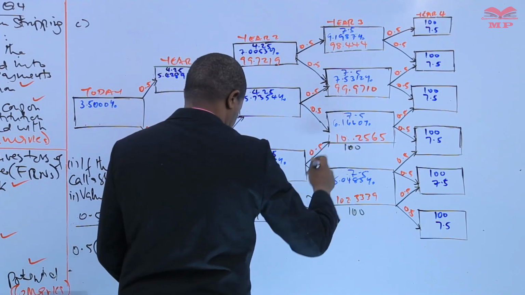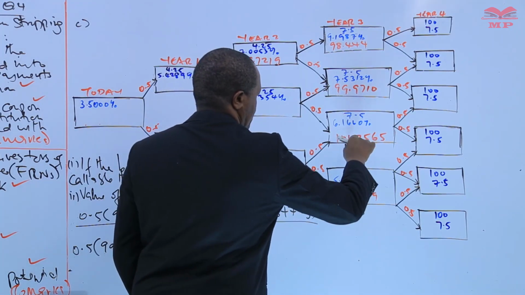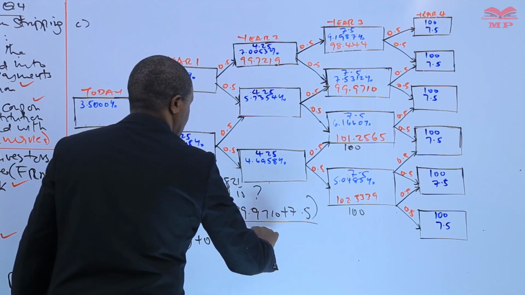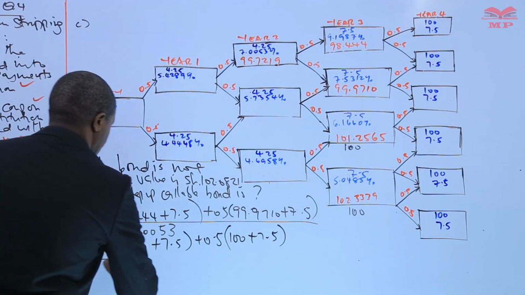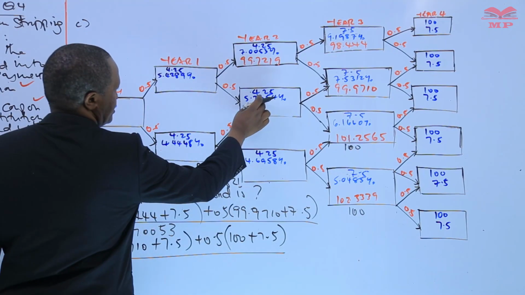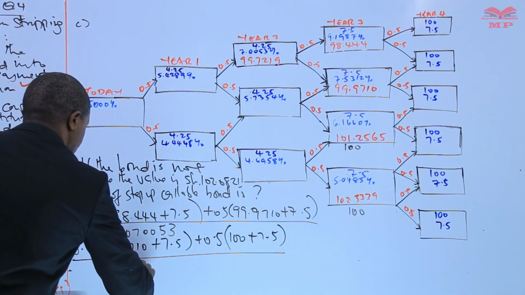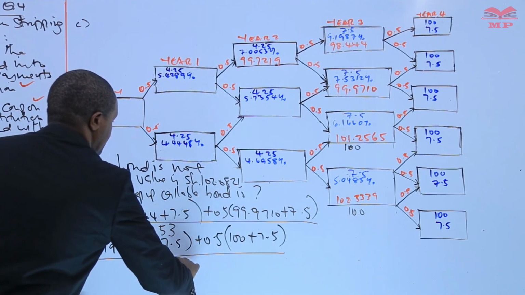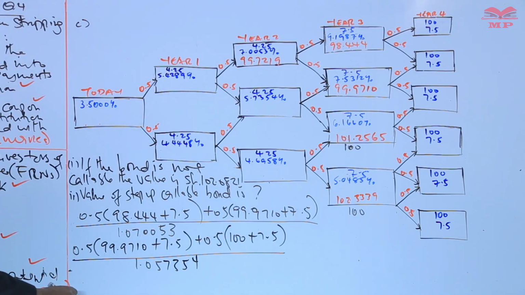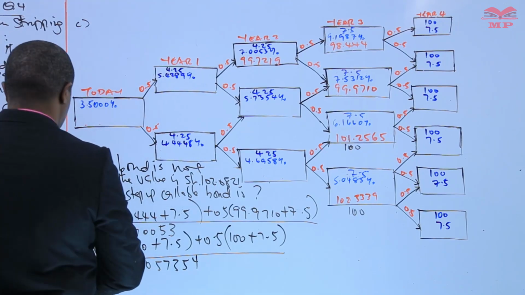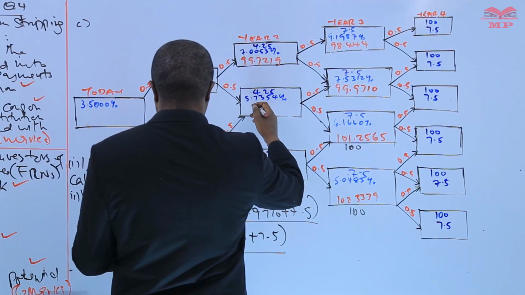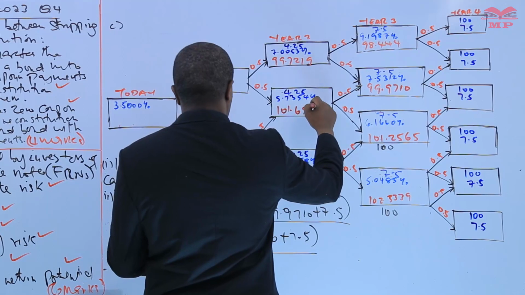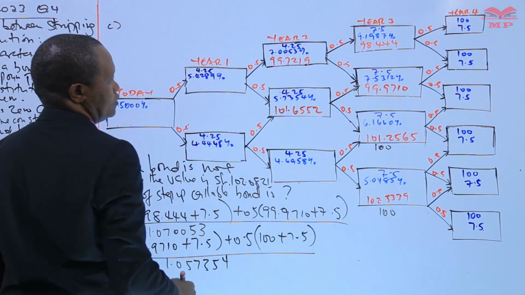So we're going to have it at par, 100 plus 7.5 divide by 1.05, 1.05, 7354. It's equal to 101.6552. Next.